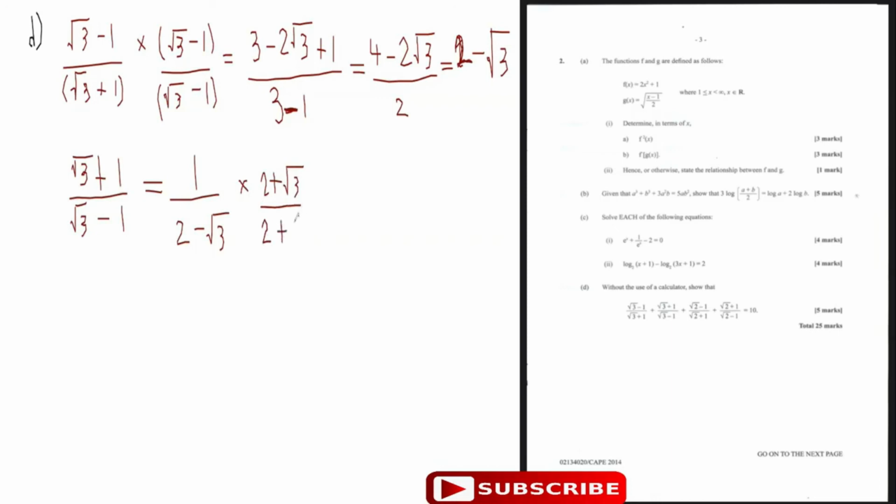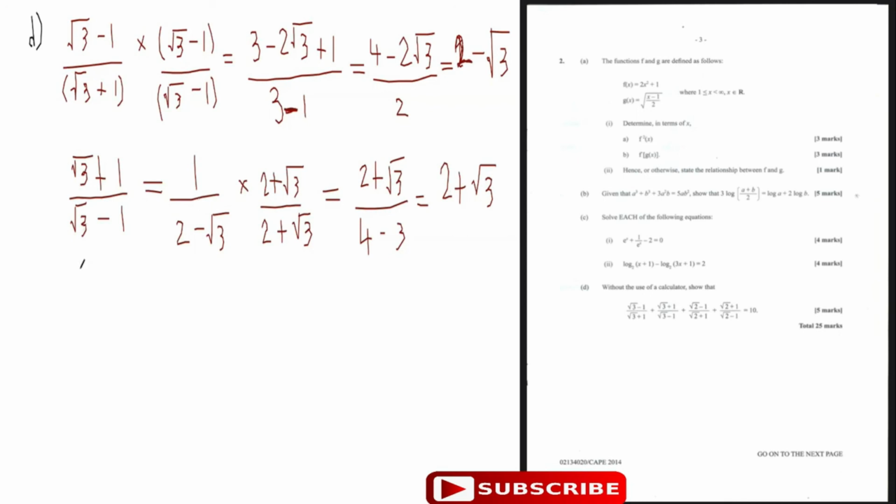So when I do that, what I'm going to get is 2 plus root 3 divided by, this again becomes the difference of squares: 2 squared is 4, minus b squared, which is minus 3. So this answer just works out to be 2 plus root 3. Nice. We're almost there.